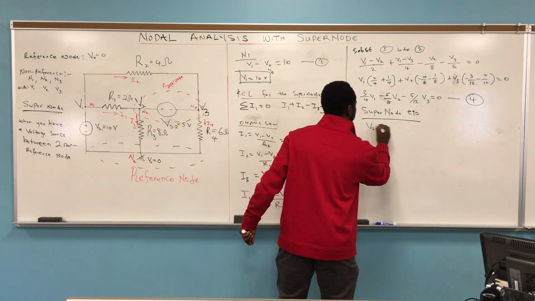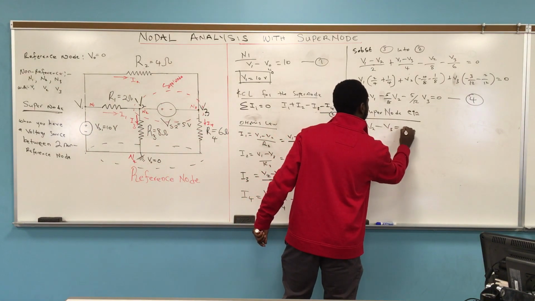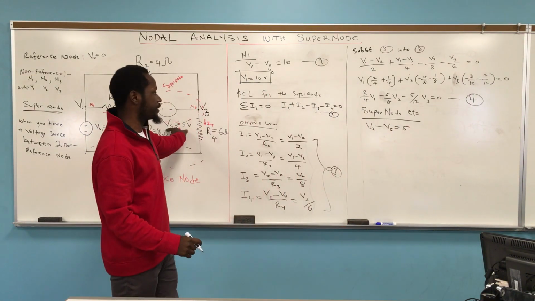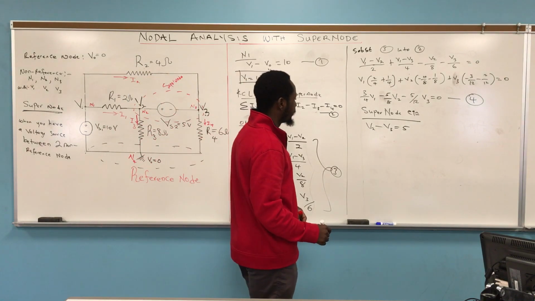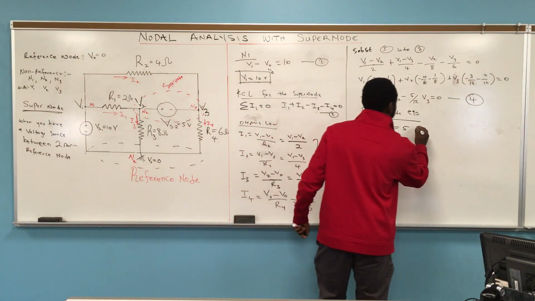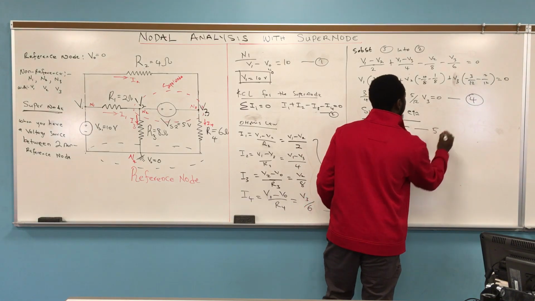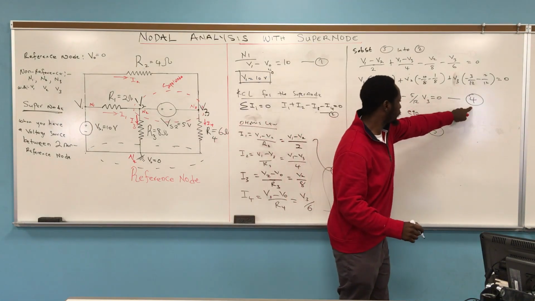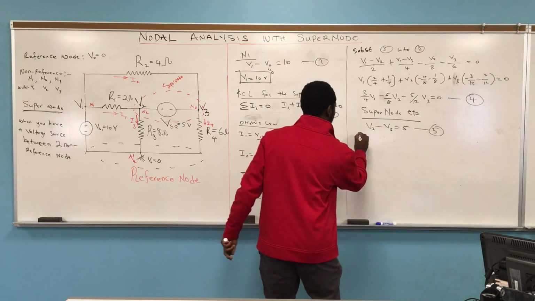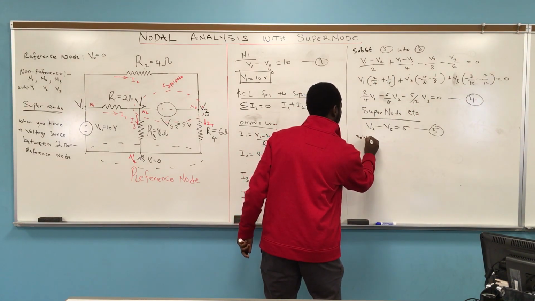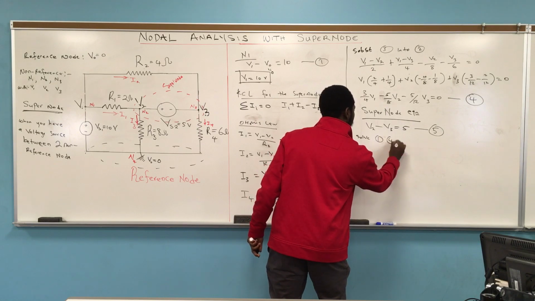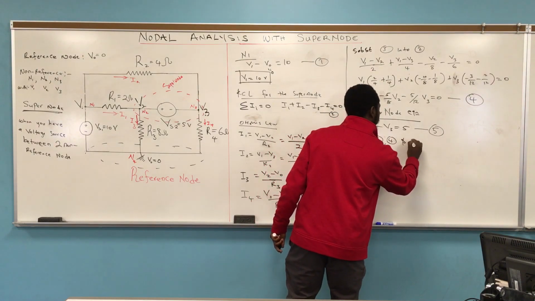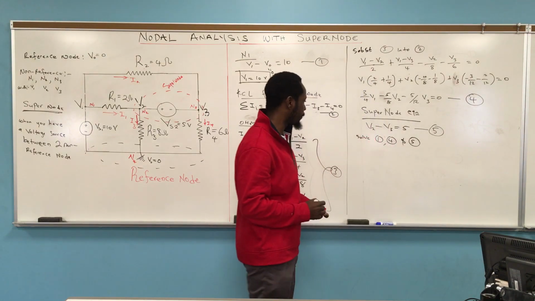That's why we do V2 minus V3 equal to that voltage source here, which is 5. We call this equation 5. So we're going to solve equations 1, 4, and 5 simultaneously.